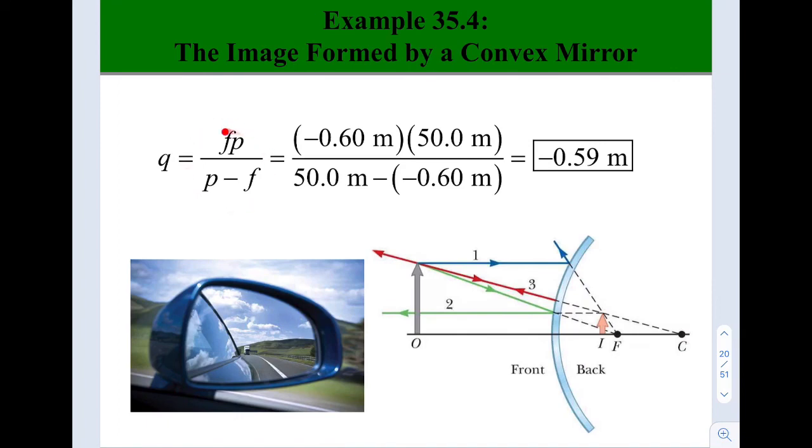From here, the equation for the position of the image is according to this. Substitute the values of the given information, and you will get the position of the image as negative 0.59 meter. What does that negative mean? It's a virtual image, at the back of the mirror.